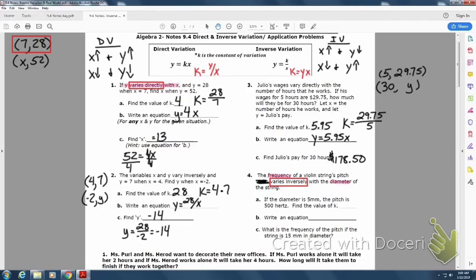Is it the X or the Y? It's the Y. Y comes before this right here. So my frequency is Y. The diameter of the string is what? X.